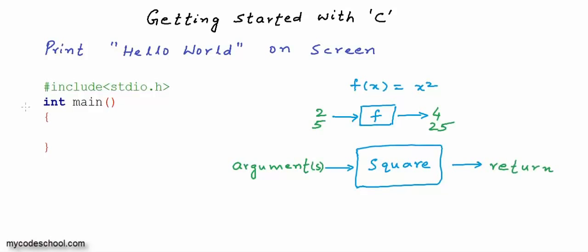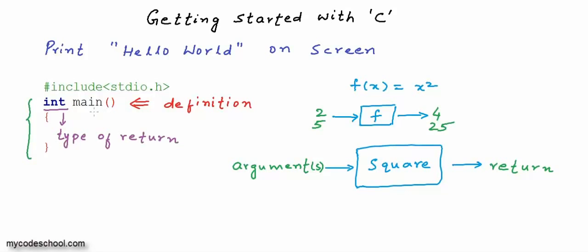In our program, whatever we have written so far, these lines after hash include stdio.h are the basic structure of a function. The first line of a function contains the definition of the function. The first part in the definition will tell you what the function will return. Int here means that the function will return an integer.